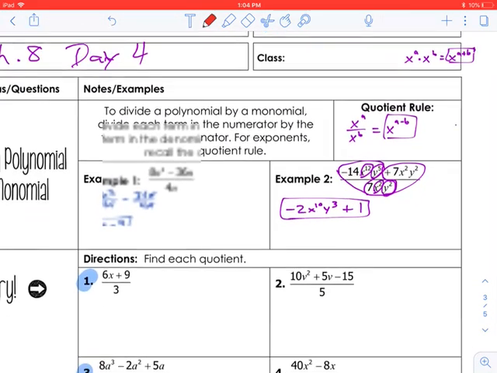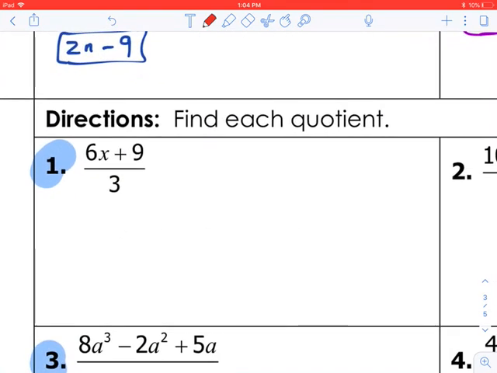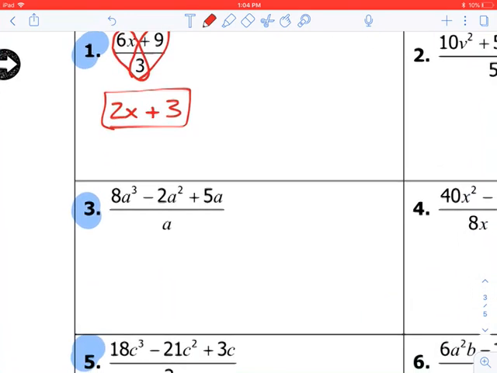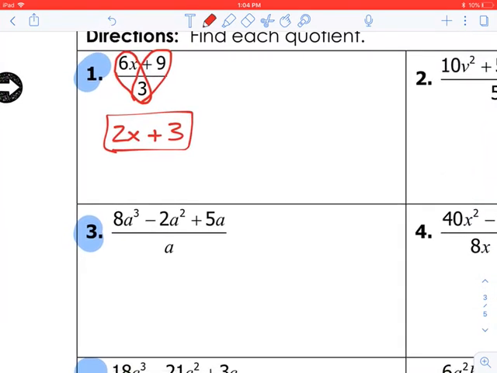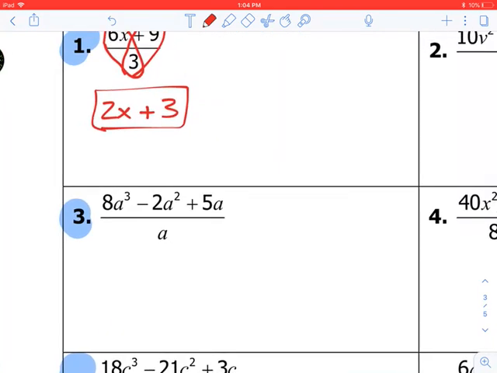All right, so let's do a few examples similar to that. So this first one, I've got 6 divided by 3 is 2, with an x left over. 9 divided by 3 is positive 3. Done. Okay. Same thing here, except this is just a 1. So none of these numbers are going to change, only the exponents.